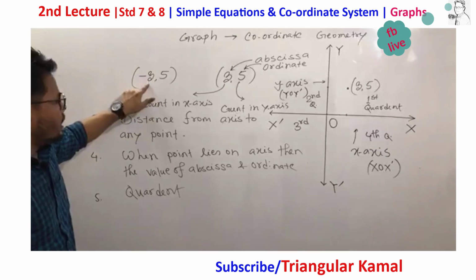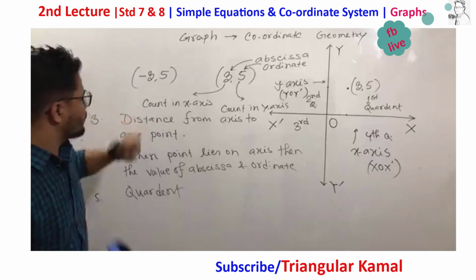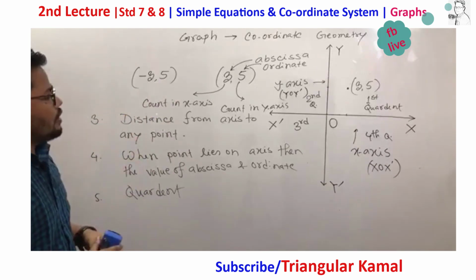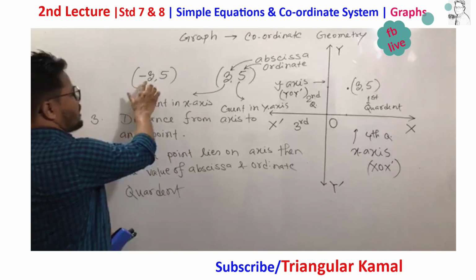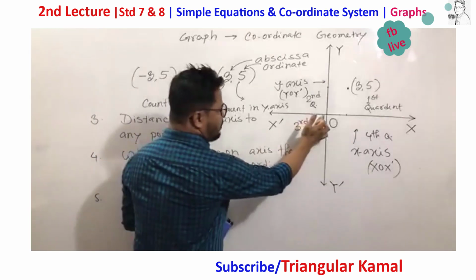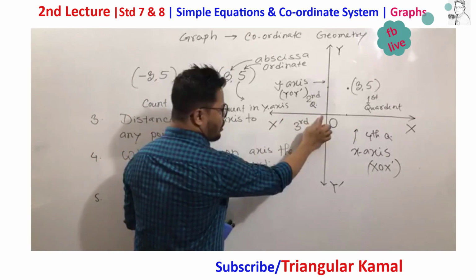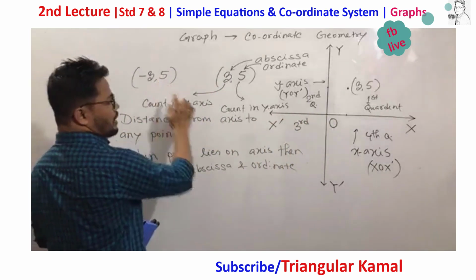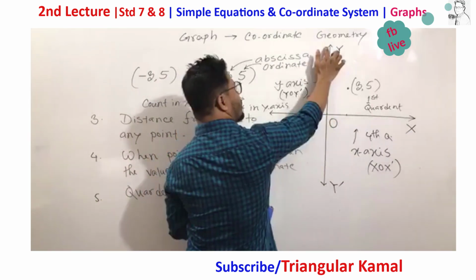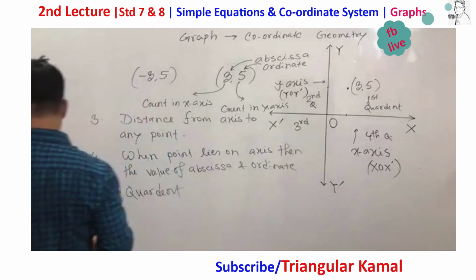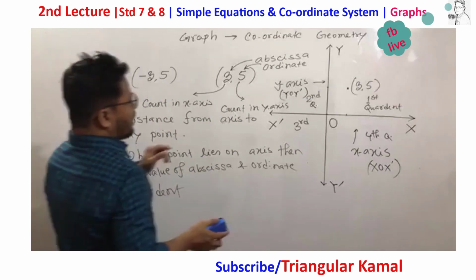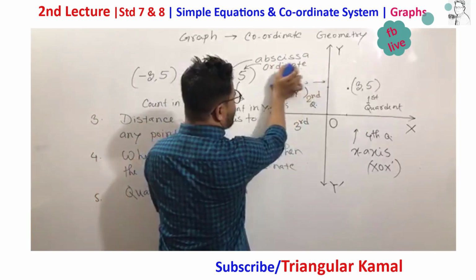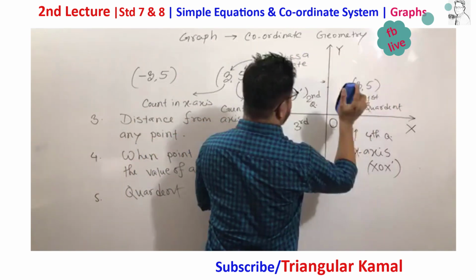Now the point -3 and 5. Give attention: here abscissa is -3, but ordinate is positive. Abscissa is minus, which indicates the negative side of x from the origin, and the ordinate is plus, so the positive side of y.